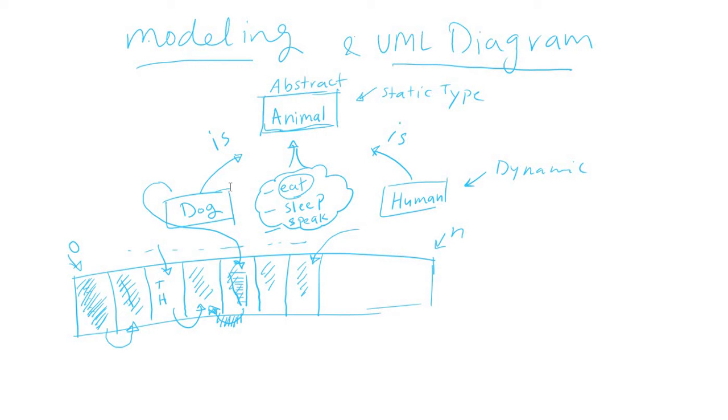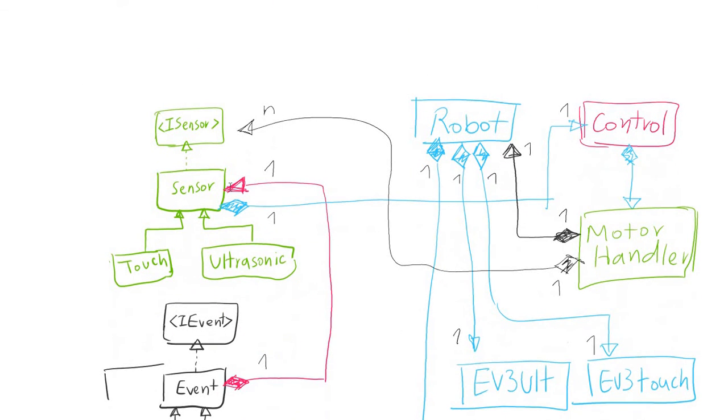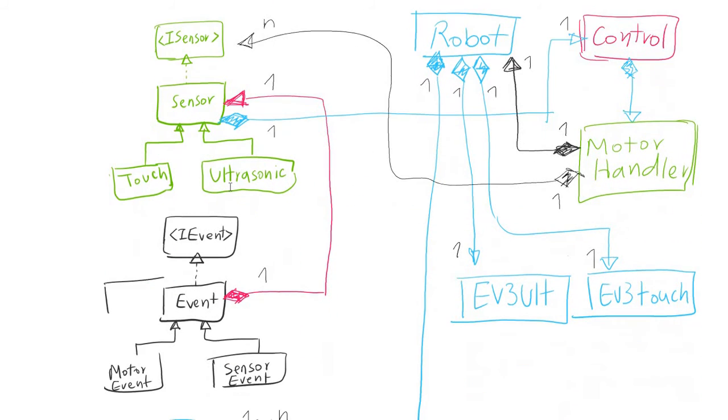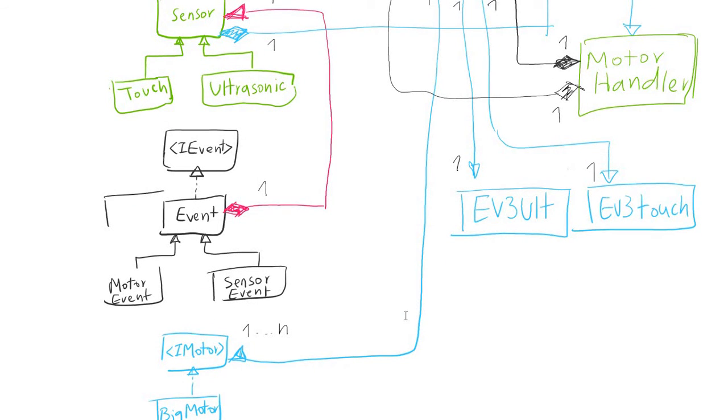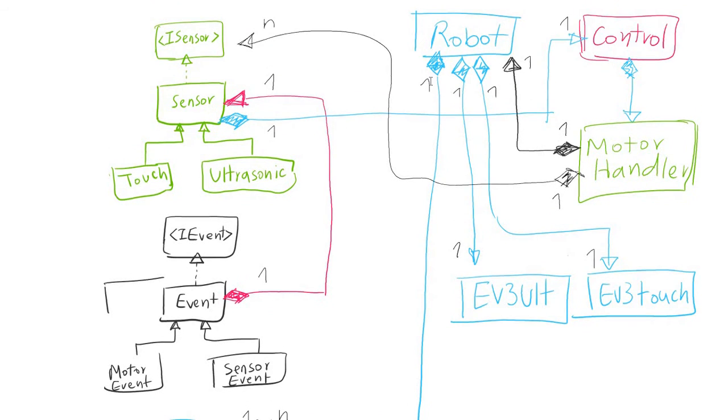So let's go further and talk about our model that we are using for the project. In my project, I have a robot, and the robot stores a certain piece of information. In this case, a robot has motors here, and as you see, I have a cardinality.